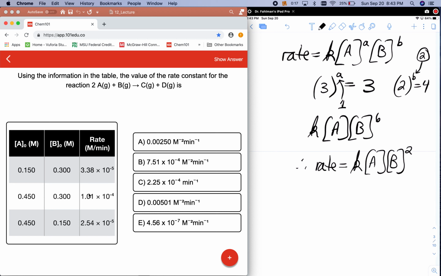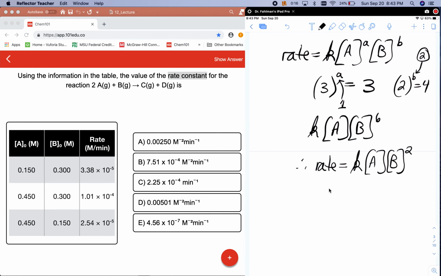And again, you needed data to get this rate law because, if you look at the actual equation, you've got a 2 in front of the A instead of the B. So there's no correlation at all between these exponents and the balanced coefficients here. You need this data to determine this. Now we've got the rate law, but it's actually asking for the value of the rate constant.